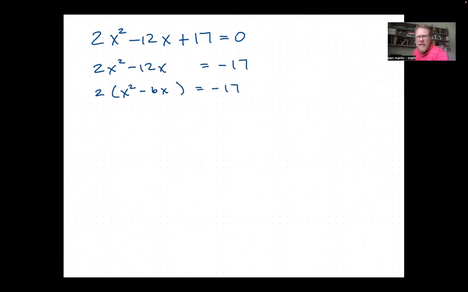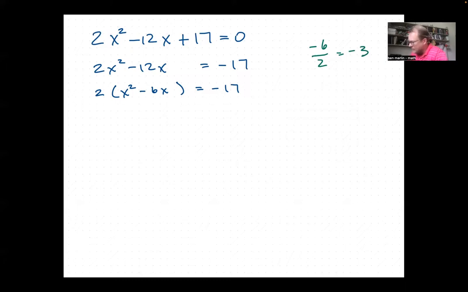Now you could go ahead and just divide it out, but like I say, I want to do this in a particular way because it comes up at some later times. So now to complete this square, you look here at the coefficient of x, and you take it and divide by 2 in order to get minus 3.